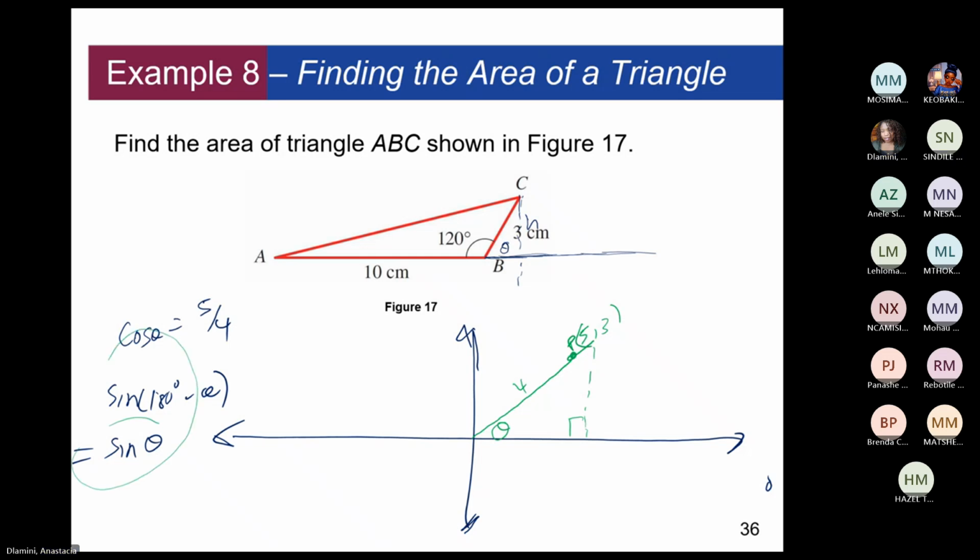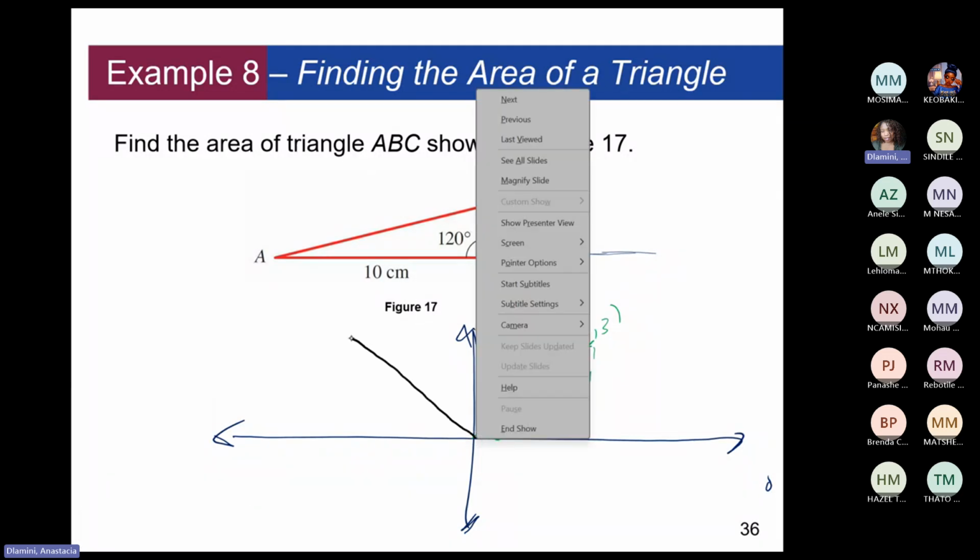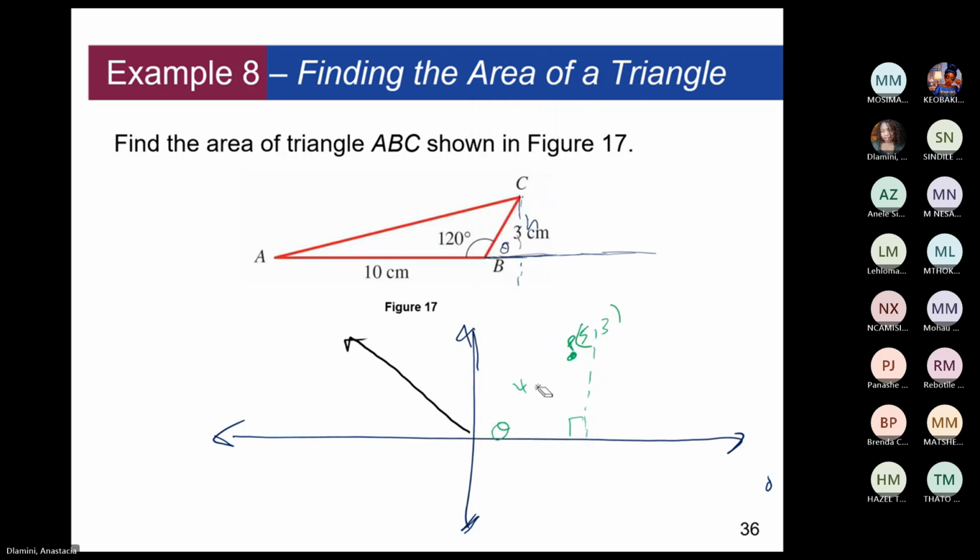Mm-hmm. And then there was another question where this is an acute angle, and then you obtained the obtuse angle. Let's say we have now an angle like this. Do you remember that angle was also an obtuse angle? It was like this, guys.